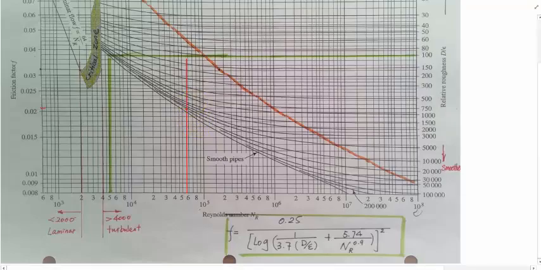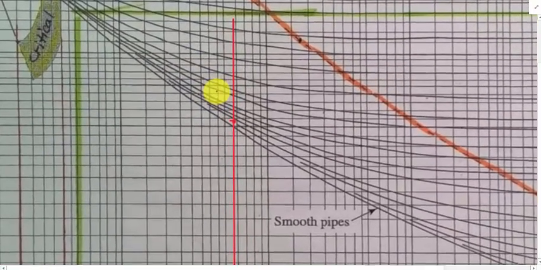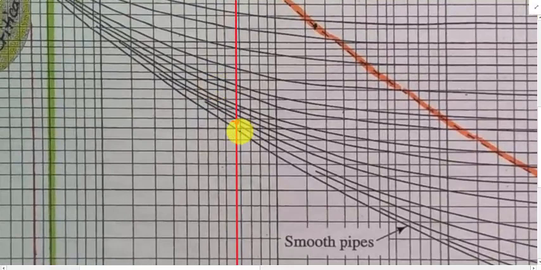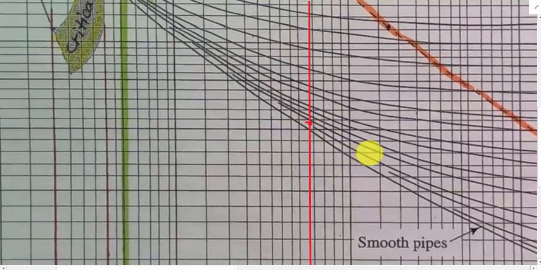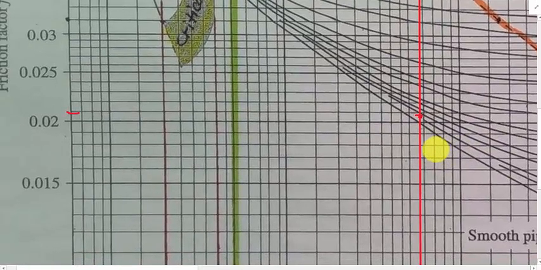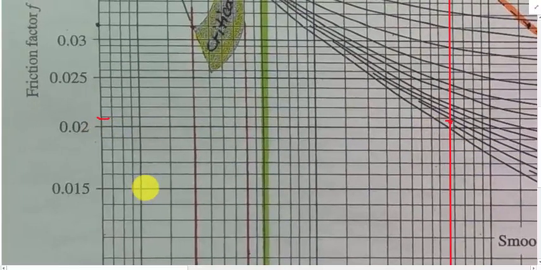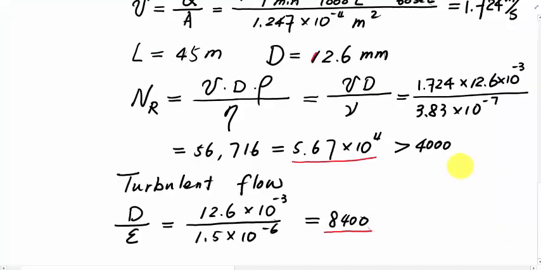So let's zoom in. So it's somewhere over here in between. And if you go back across the line to the left side, the friction factor shows is about 0.021. Okay, so that's how we read the Moody diagram.